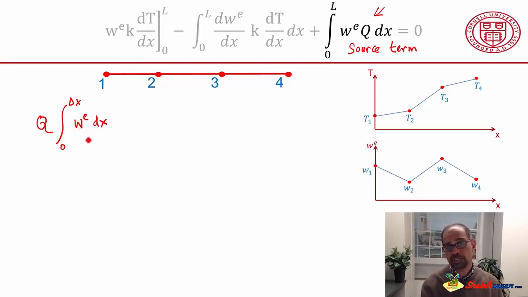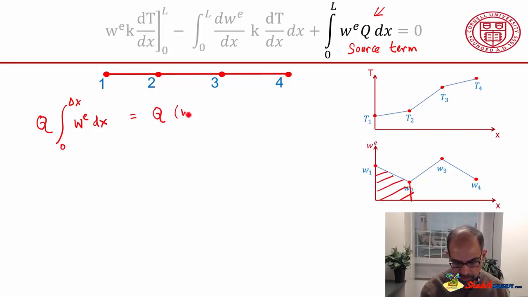So it just becomes an integral of the weighting function, and this integral will give me this area. And you can work out what that area is.